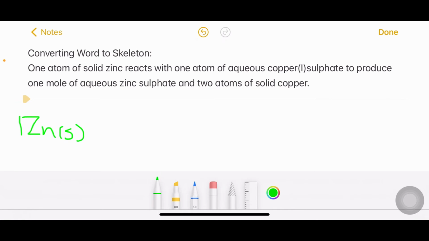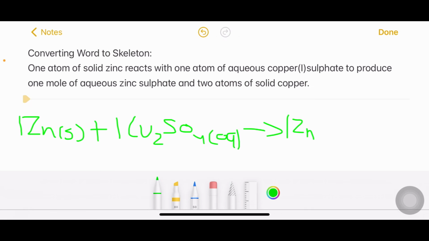And then we would say, okay, it reacts with 1 atom of aqueous copper sulfate to produce 1 mole of zinc sulfate, aqueous, plus, because it's the "and", 2 atoms of solid copper. So that's basically it for converting word to skeleton equations.